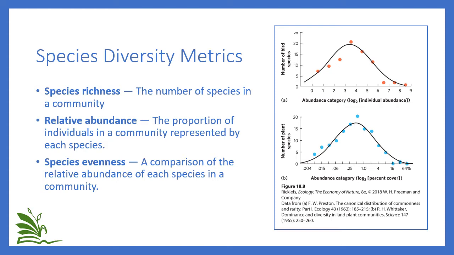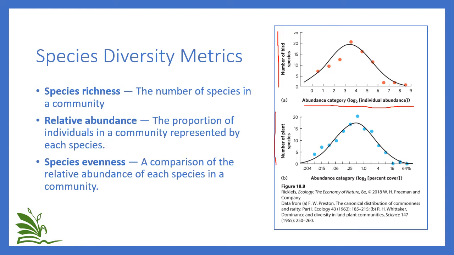And what they did was, for instance, they looked at the abundance of individuals of a species on the x-axis, and then they looked at the number of species in that community. So Preston looked at birds, and Whitaker looked at plants.